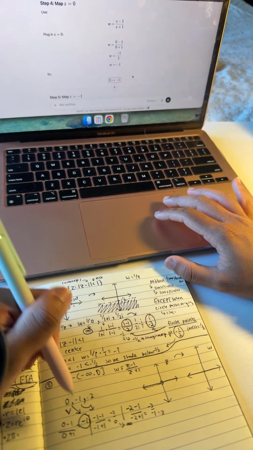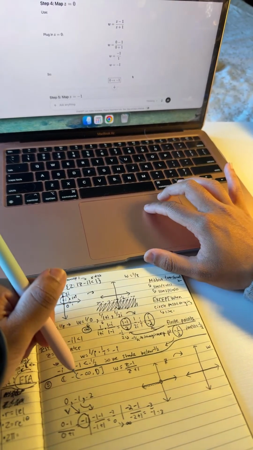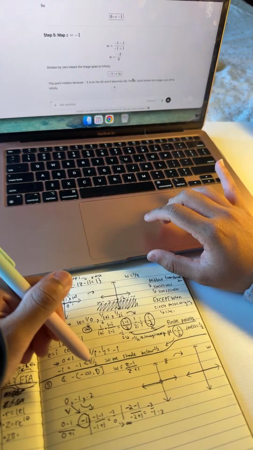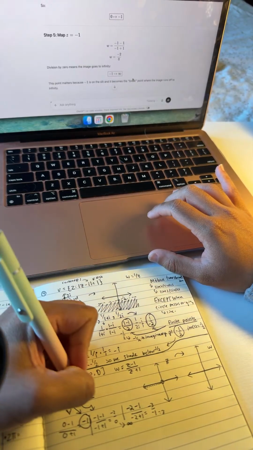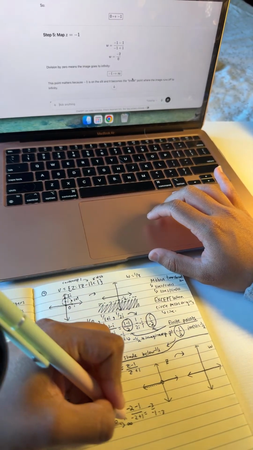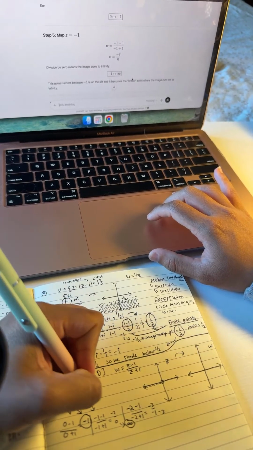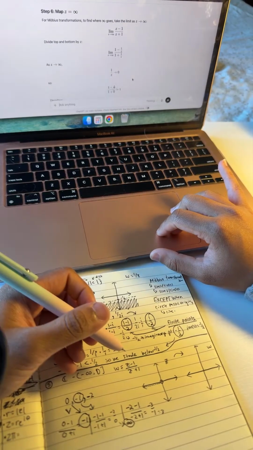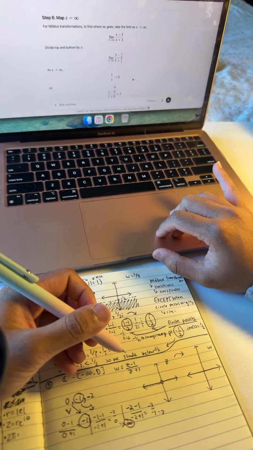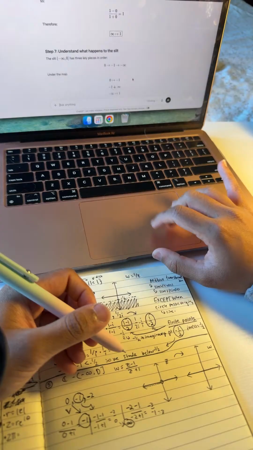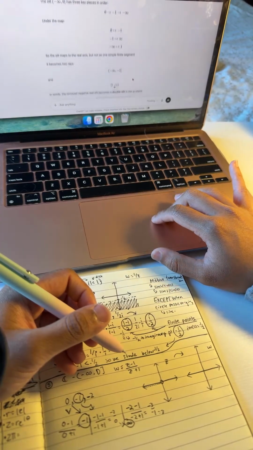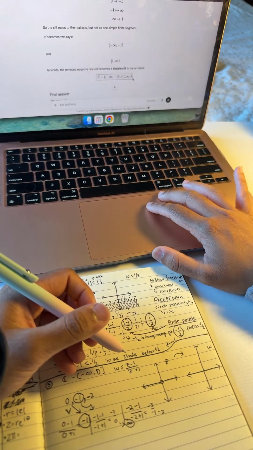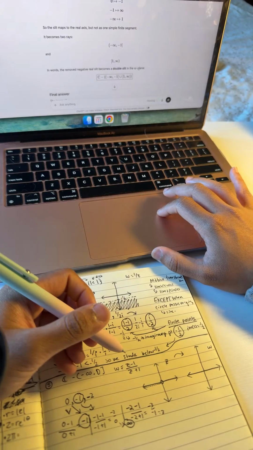It doesn't go to negative 1. 0 gives us negative 1 when we plug it in, and negative 1 gives us infinity, and negative 2 gives us 3. So if you map it, the slit becomes a double slit in the W plane.